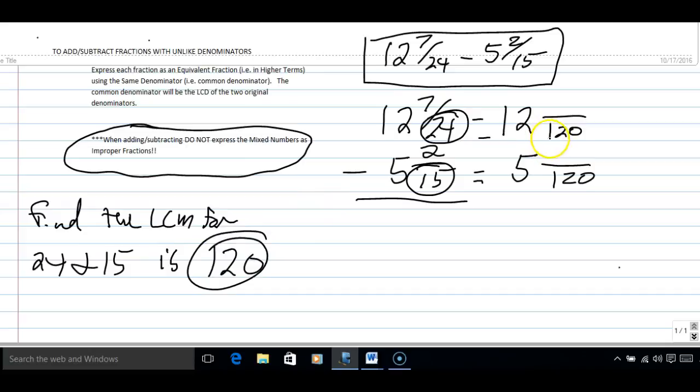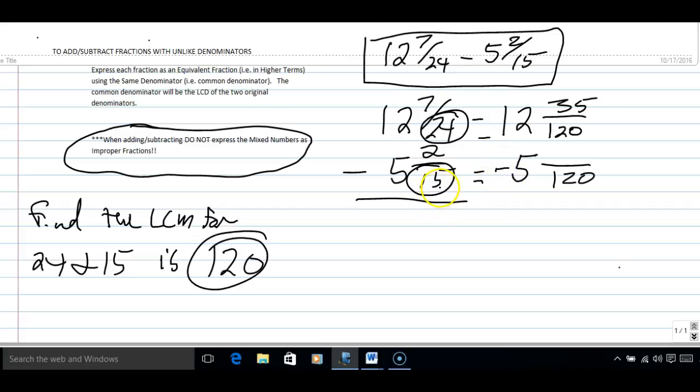So now we need to express 7/24 as a higher fraction using the denominator of 120. So 120 divided by 24 would be 5, and 5 times 7 is 35. So 35 over 120 is the same as 7/24.